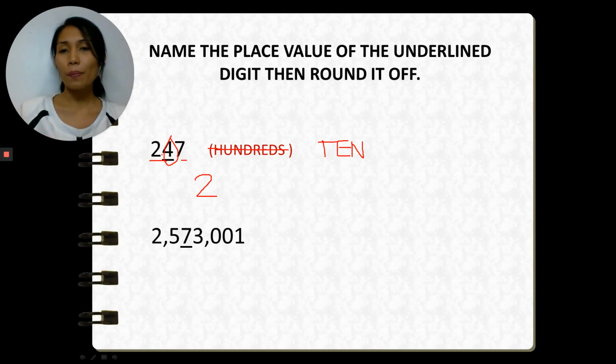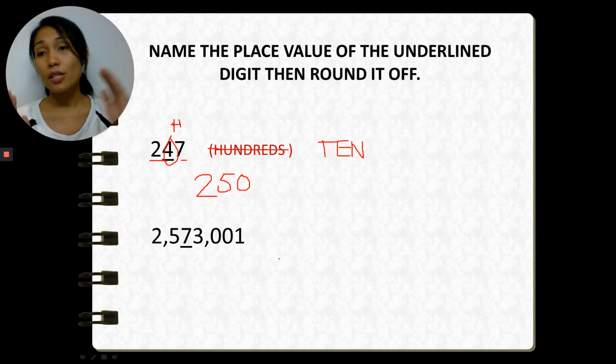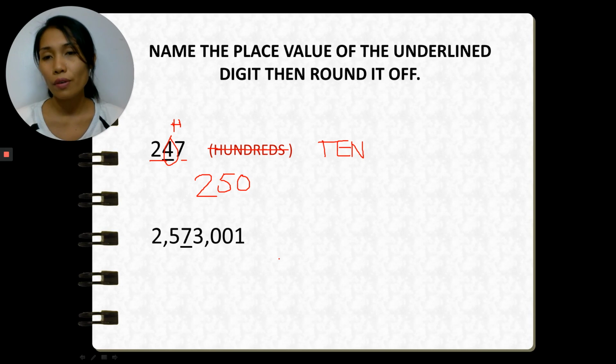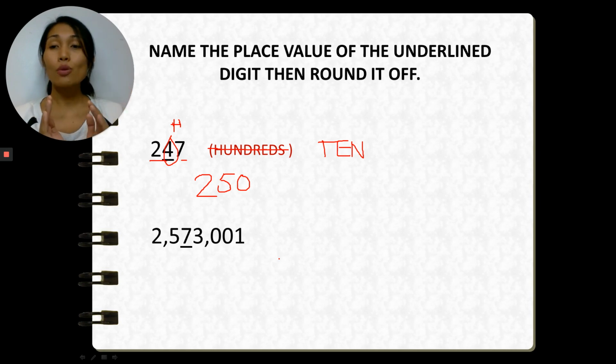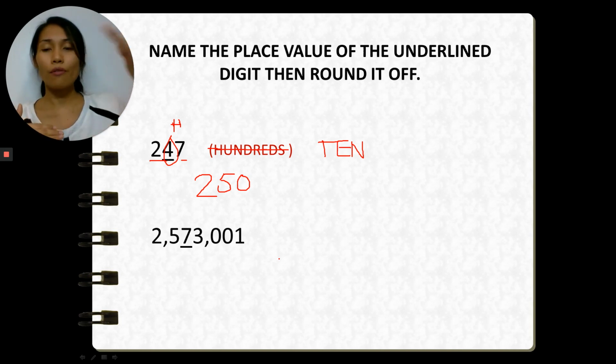Okay, so 4 plus 1, we will plus 1 here. So 2, 5, and then 7 will become 0. So that means 247 is rounded up to 250. That means 247 is closer to 250 than 230. 230 is a little bit far than 250.